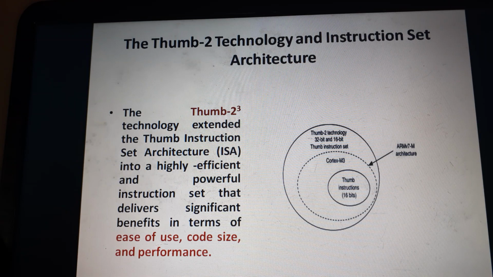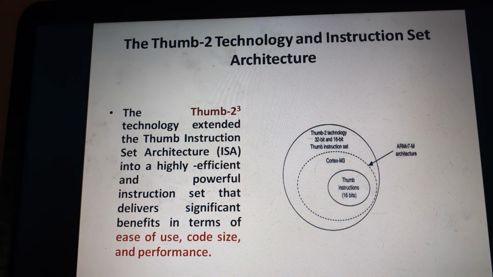If it is not possible to implement a certain part using Thumb, then use the ARM instruction set. In that way, by using a few Thumb instructions as well as a few ARM instructions, a program is written for any application.